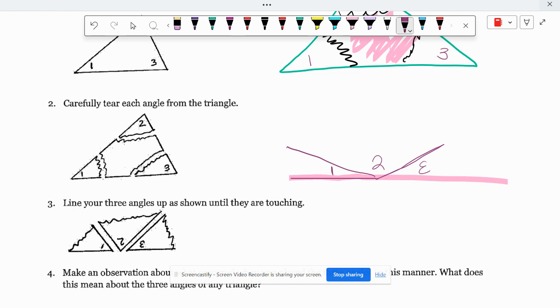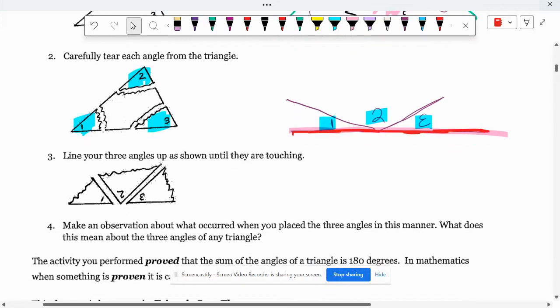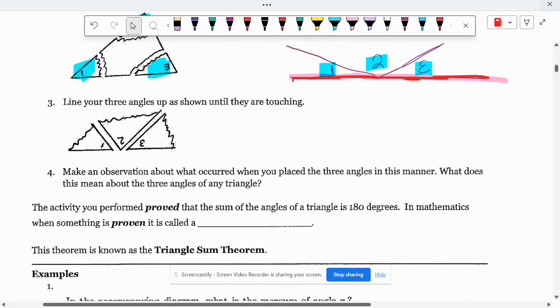That's my angle 3. So the goal is for you to realize that the sum of the interior angles, we just took all of our triangle and ripped it apart. And when we add them back together, laying them sideways like this, we see that the sum of the interior angles makes a straight line. And we know that a straight angle is 180 degrees.